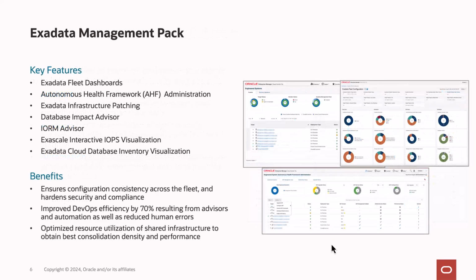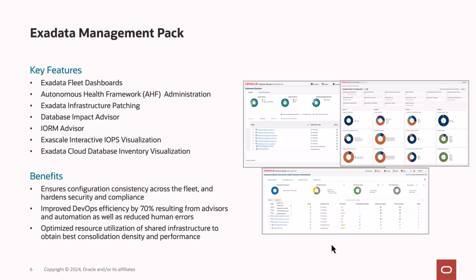Our key features in the pack for solving these challenges are Exadata Fleet Dashboards and AHF administration. Since Exadata and recovery appliances share the same architecture, the dashboards and AHF administration are common for both Exadata Management Pack and Zero Data Loss Recovery Appliance Management Pack.